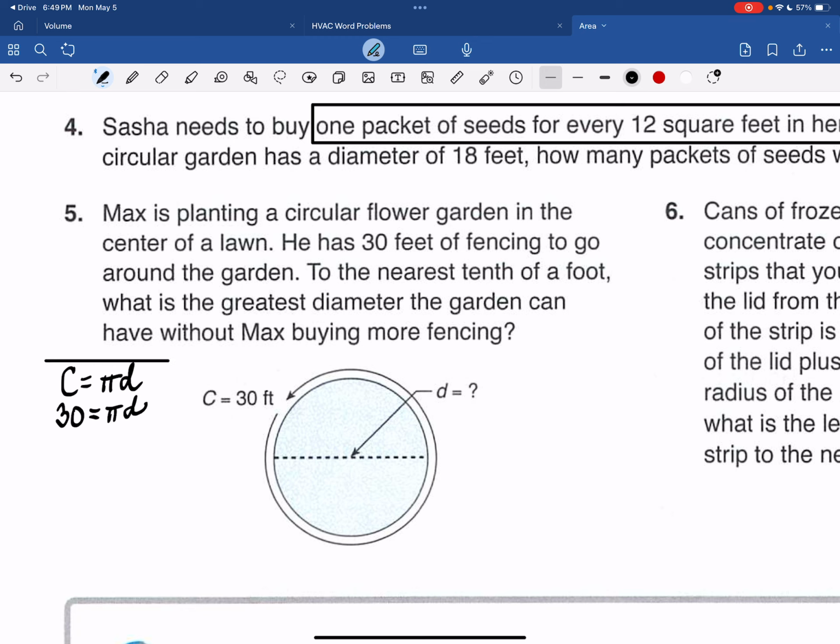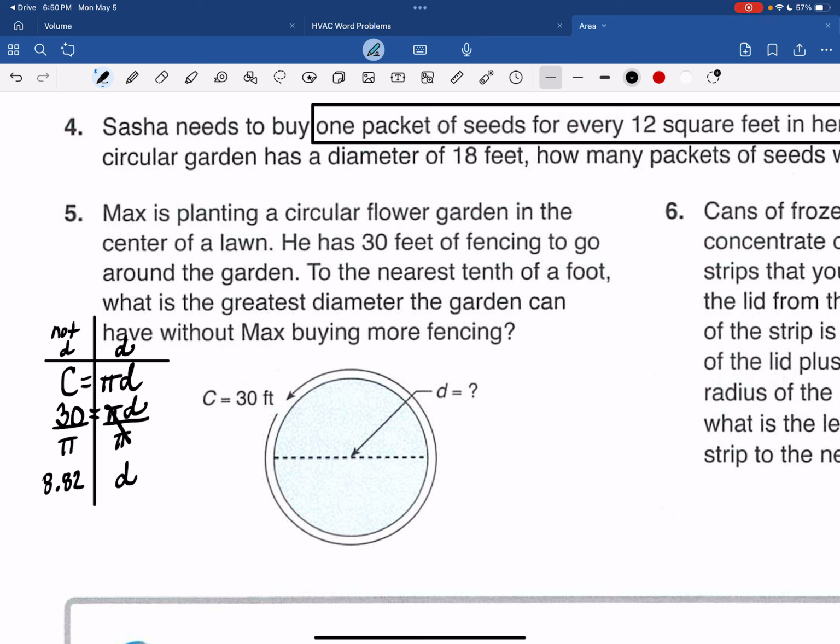And we have some algebra here that we need to do. We want to solve for d, so anything that's not d is coming onto this side. That means we're dividing by pi, because we want to get pi out of there. So 30 divided by pi is approximately 8.82. So that's not right. I can tell by looking at it, it isn't.